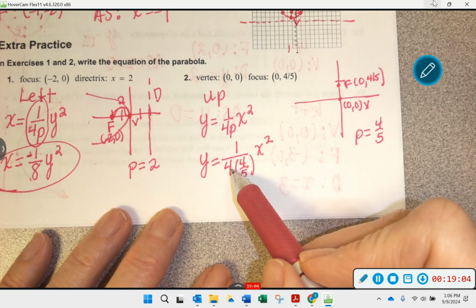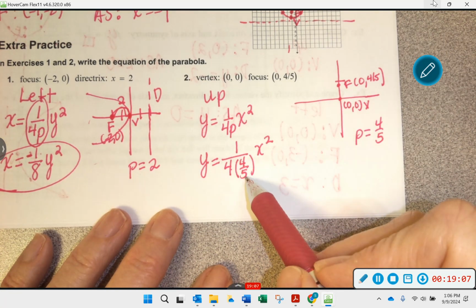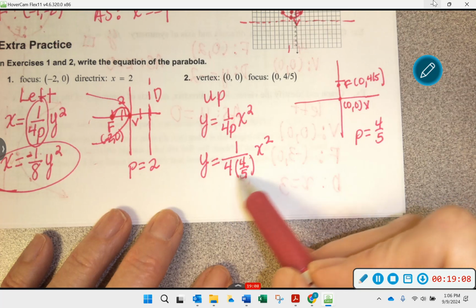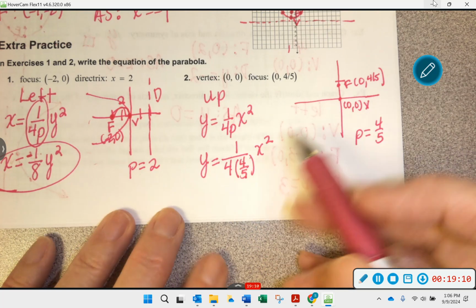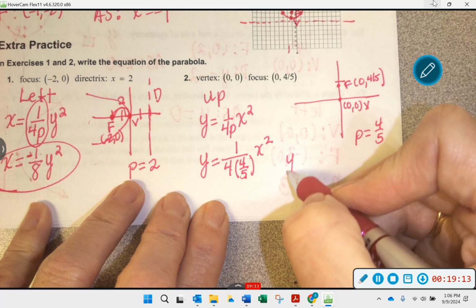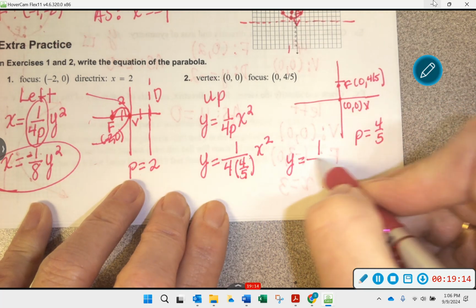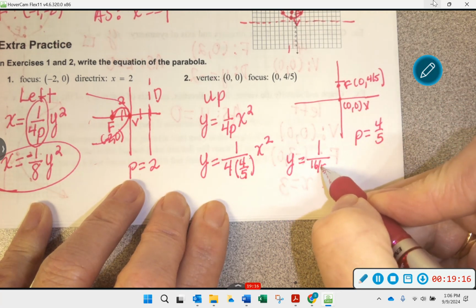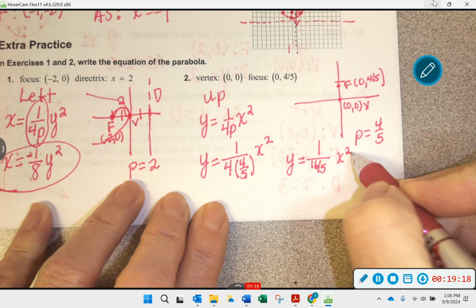Do you guys know what 4 times 4/5 is? Just multiply straight across. What do you get? 16/5 is right. So it's y equals 1 over 16/5 x squared.